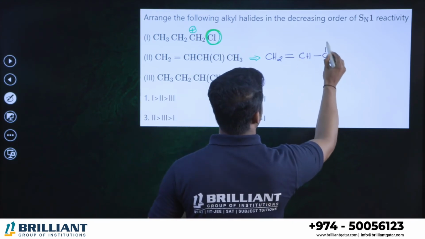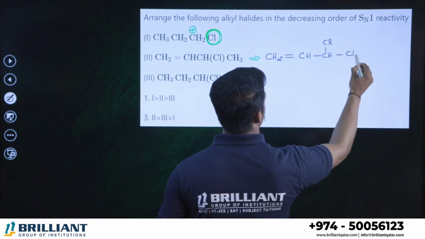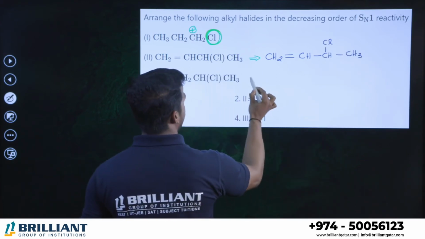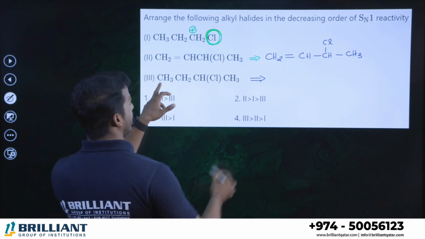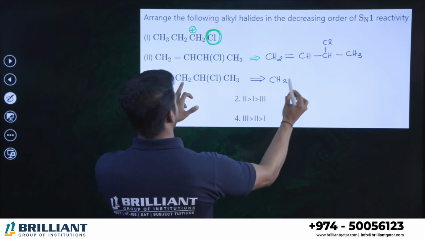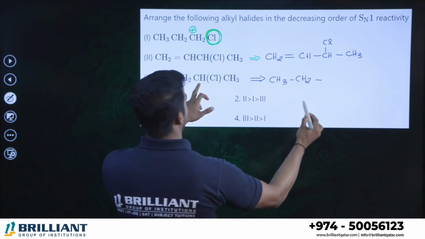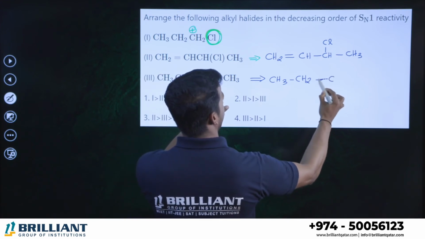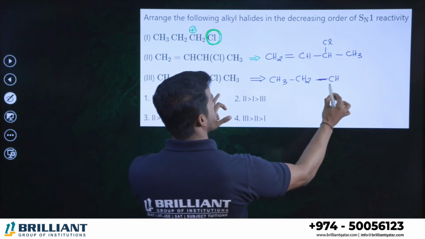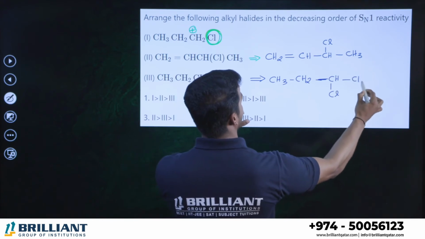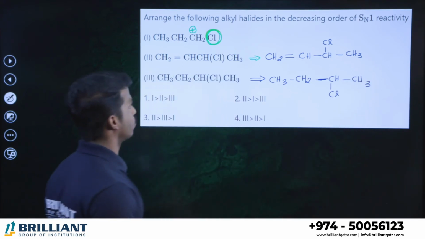On the CH there is a chlorine, and here we have one CH3. And this compound I'm also rewriting. This is CH3, and we have CH2, and we have CH. On the CH there is a chlorine and another CH3. This is what we have.